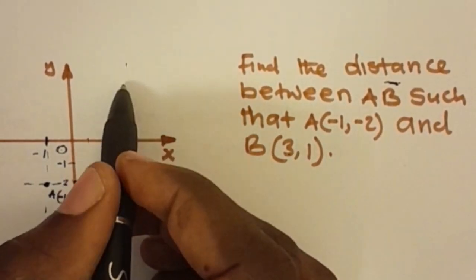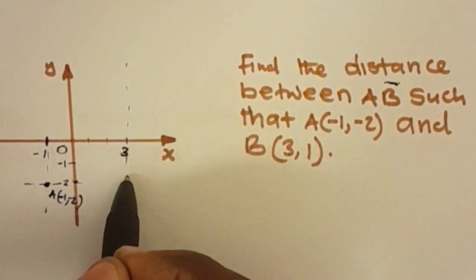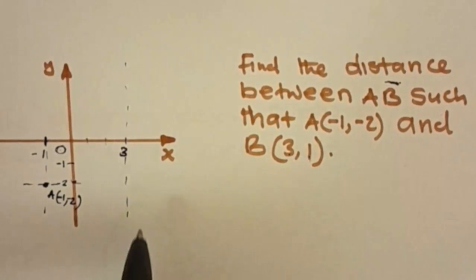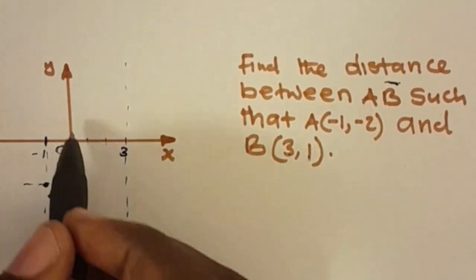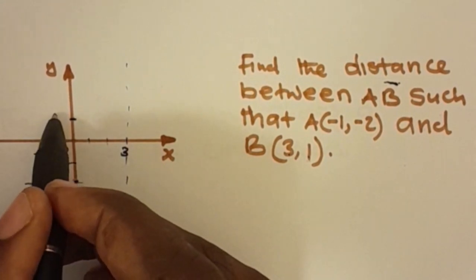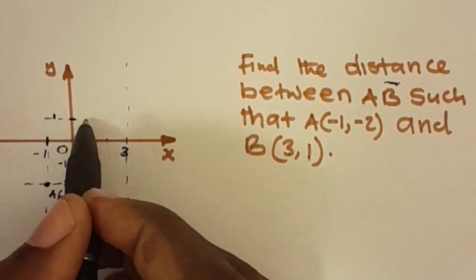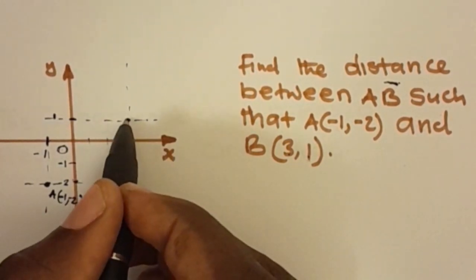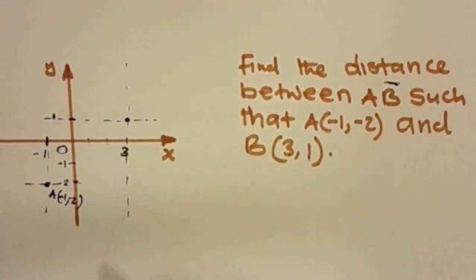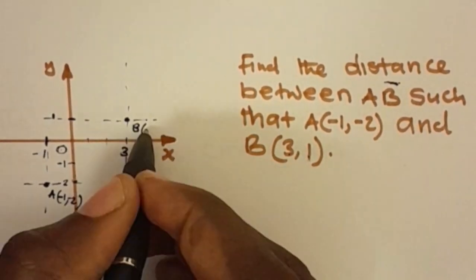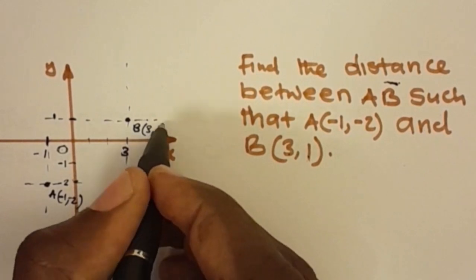So I'm also going to do this. Then the y value is 1. So 1 is just right here. So we also do this. So where they're intersecting here, that's where B is. So you're going to say B is here, which is 3, 1.